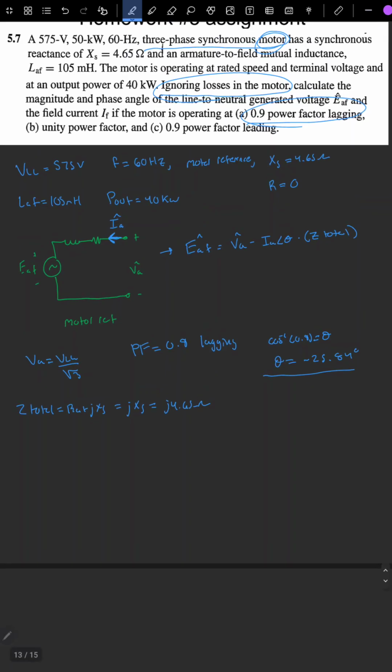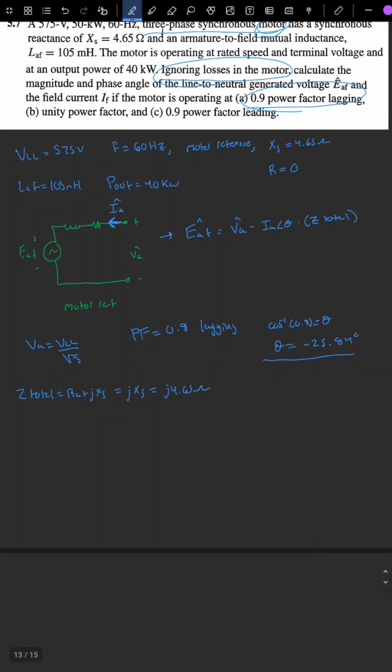Well, we have to look at what we know. We know power, we know the voltage, and we know the power factor, so we could find I. We use the equation P out equals 3 times V phase times I times the power factor. Rearranging, I is equal to P out over 3 times V phase times the power factor.